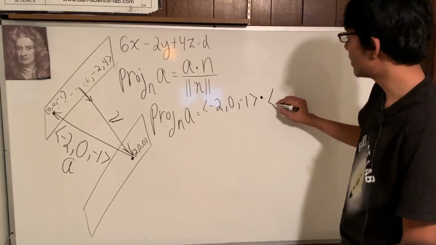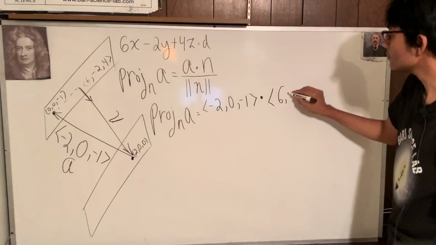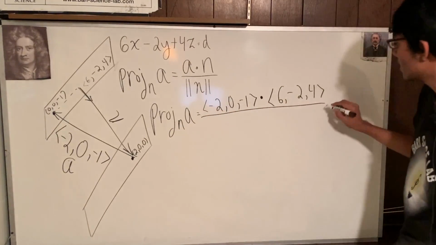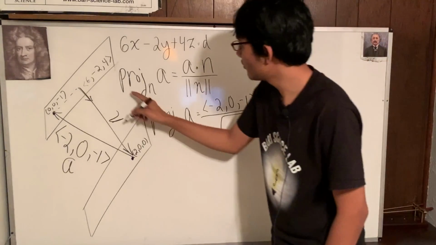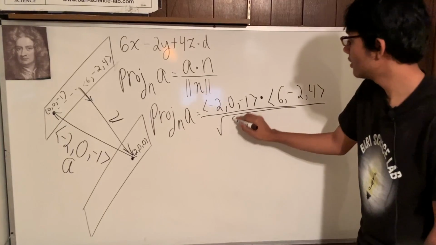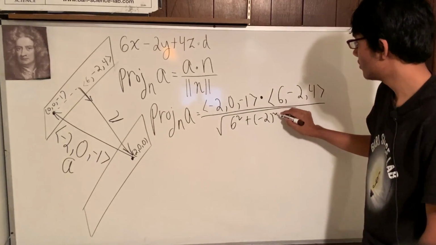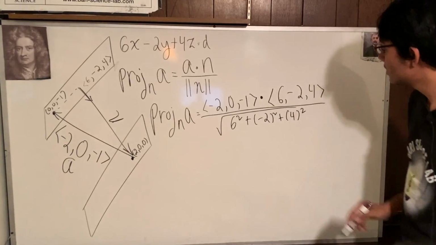Take the dot product of that with N, my normal vector, which is 6, -2, and 4. Divide all of that by the magnitude of my normal vector, which is going to be 6 squared plus -2 squared plus 4 squared.